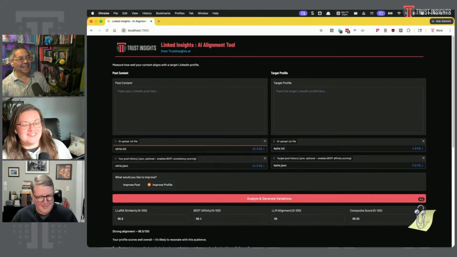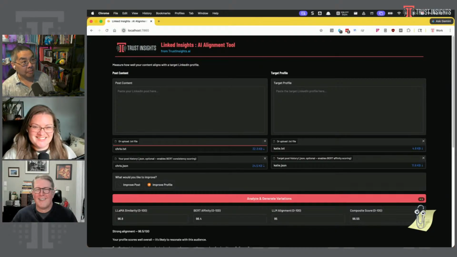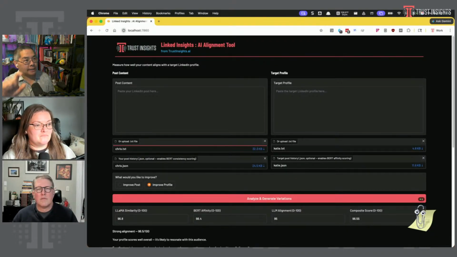Oh no. So I took the paper that we wrote and all the source papers, and I said, let's build an application that can actually measure two profiles and see what you should do to improve your profile to be semantically relevant, using the exact AI models.